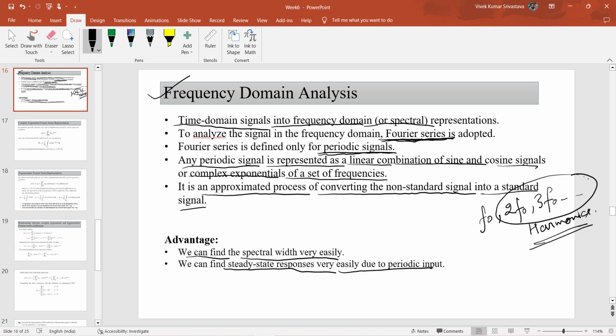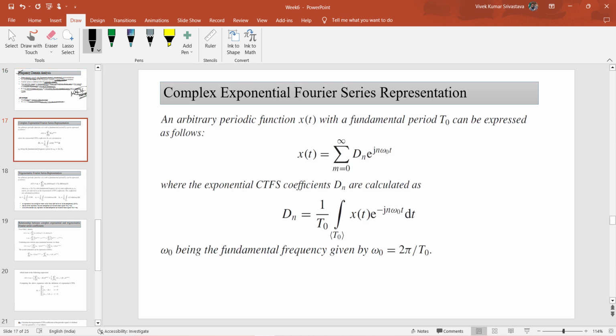That's why we are using Fourier series analysis from now onwards, because frequency domain analysis is very important.